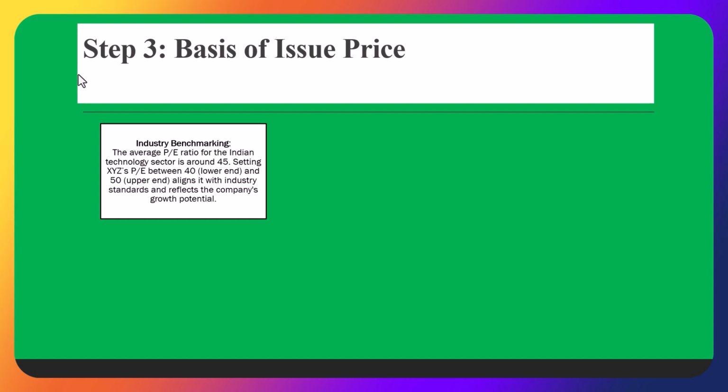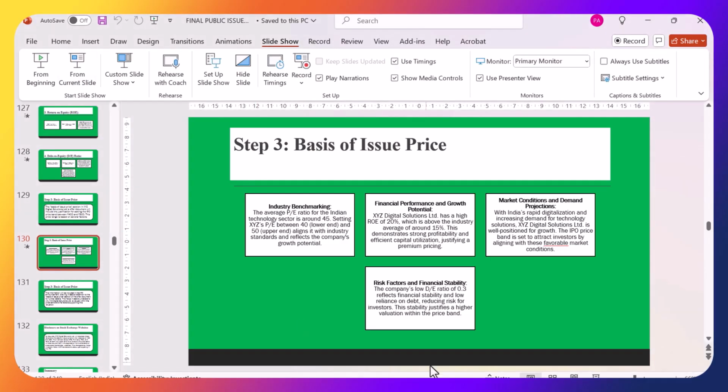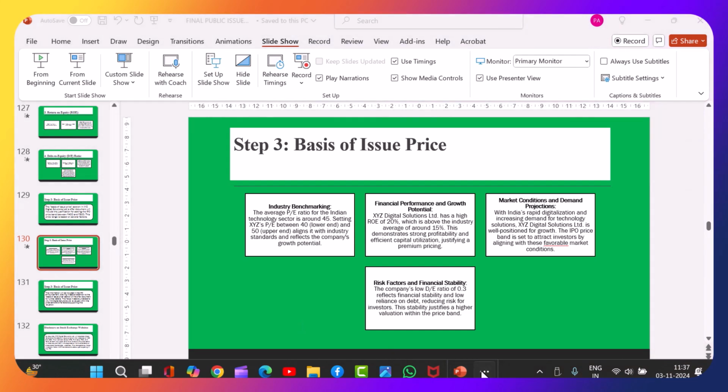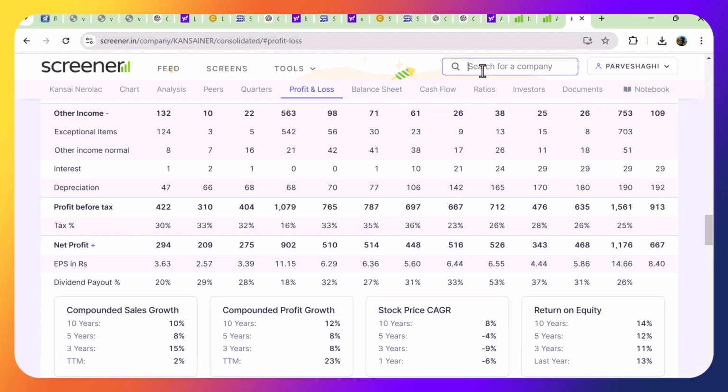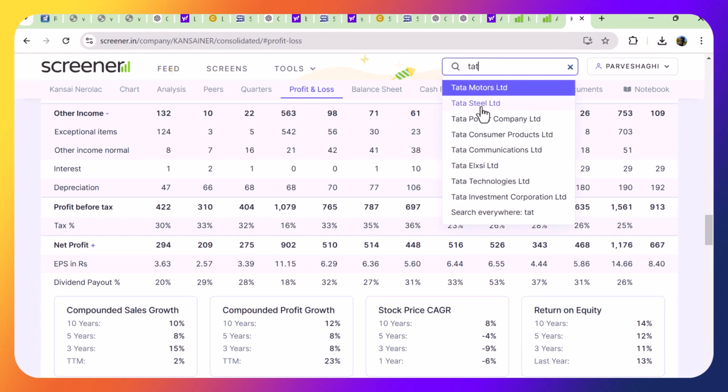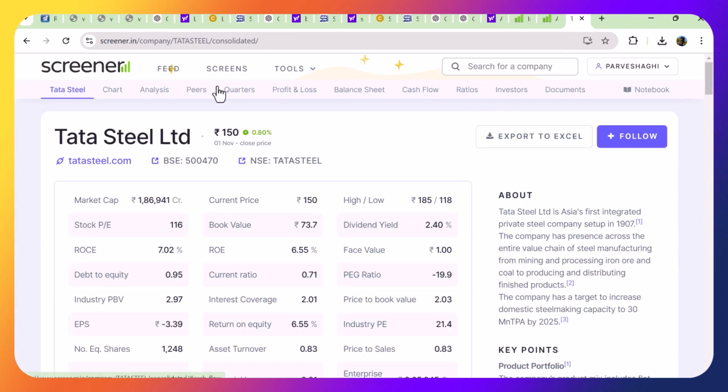So even the paint industries and FMCG companies have a great potential to grow, so they will always be trading at higher P/E multiples compared to the Sensex. And for example, if you look at steel companies, let's look at Tata Steel and how their peers are trading.